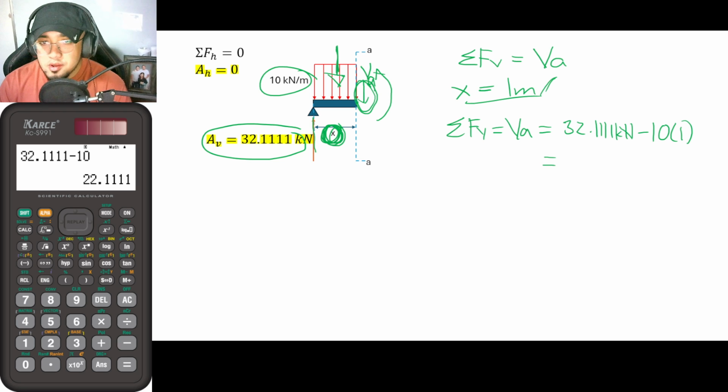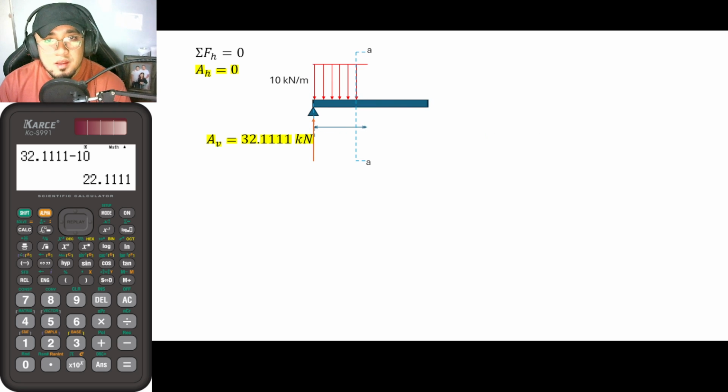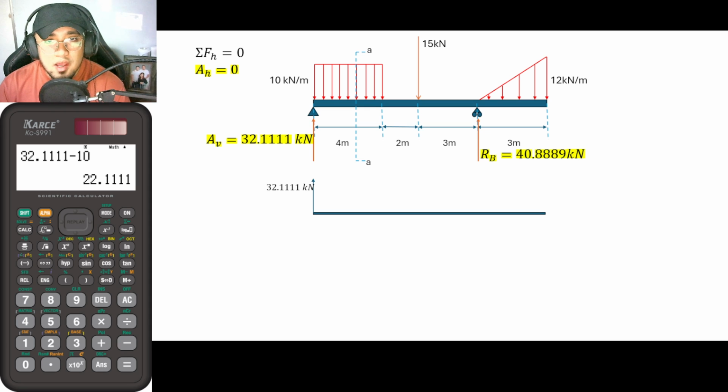Or, sorry, 22.1. So meaning, guys, at this particular location, at x equal to 1 meter, so suppose that this is 1 meter, just for example, the answer here at this point is 22.111 kilonewtons. And as you can see, it has already varied.